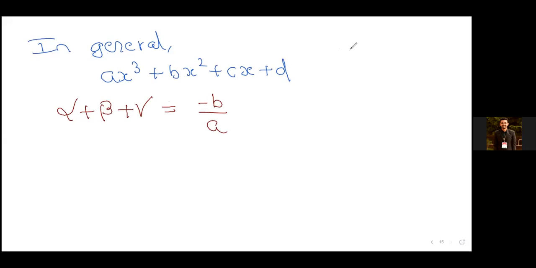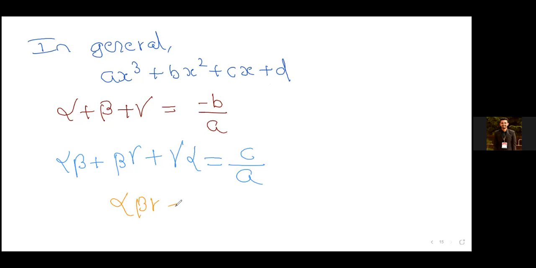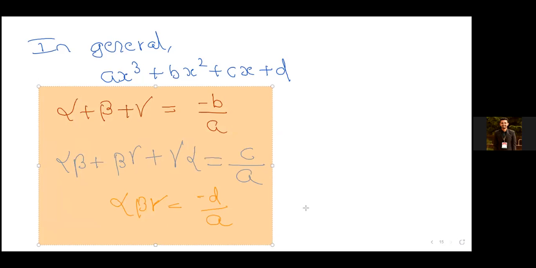Then the products of the two zeros taken two at a time, alpha into beta, beta into gamma plus gamma into alpha, is equal to c upon a. Also, the product of three zeros alpha, beta, gamma is equal to minus d by a. So these you must remember always. These are the important ones.